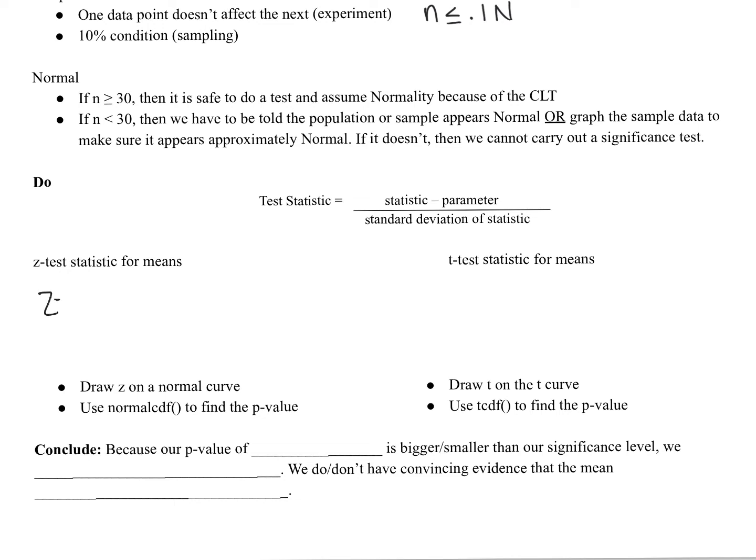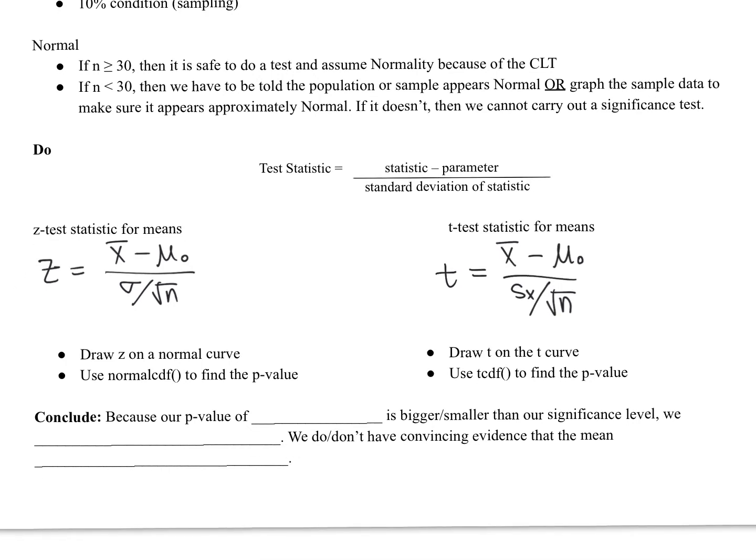So z is your sample mean minus your mu naught, all over your population standard deviation over the square root of n. T is your mean minus your mu naught over the sample standard deviation over the square root of n. They're very, very similar formulas. The only difference is whether it's a population or a sample standard deviation.